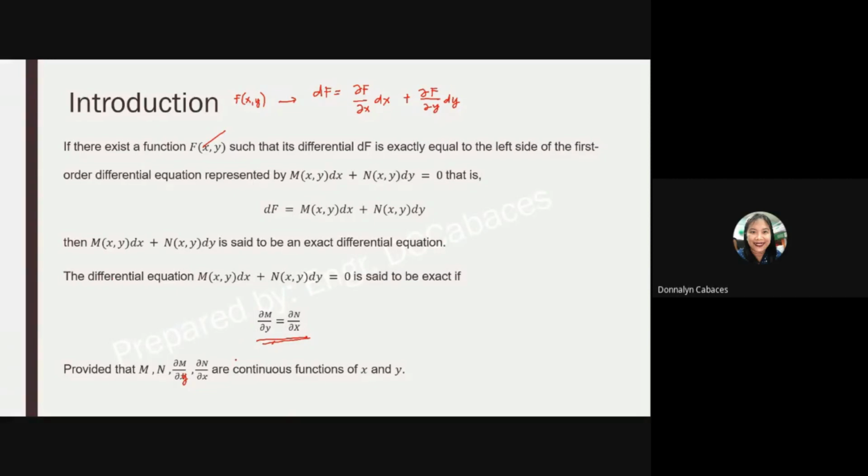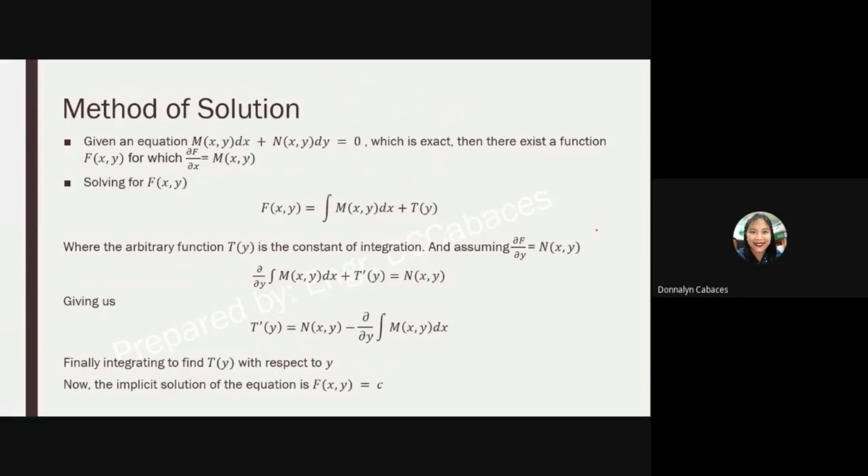And then knowing that it is an exact DE, the next thing that you have to do is to provide the solution. And this is the method of solution as presented in this slide. If you are given a differential equation which is found to be exact, then you have actually two options of solution.